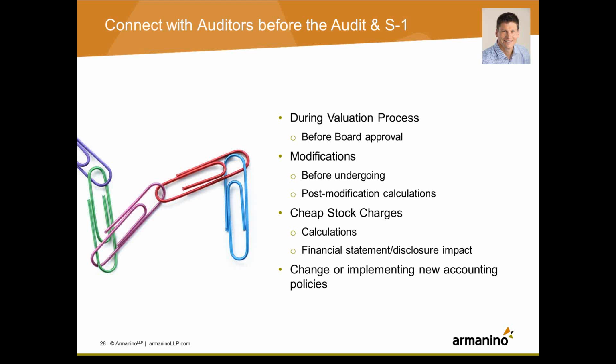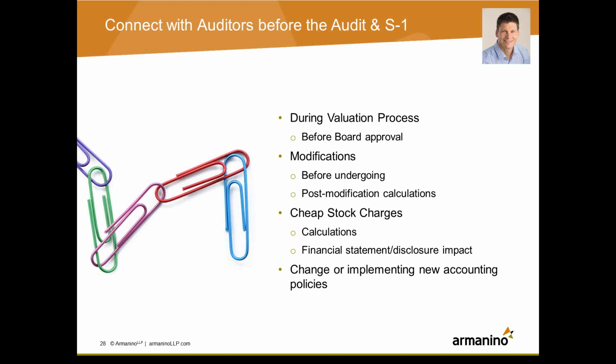And the last item on here is significant. If you've done anything that is a change in the way that you account for the stock options, you want to make sure that this is deemed by the auditors as a refinement or an adjustment to the policy and not a change in accounting policy.